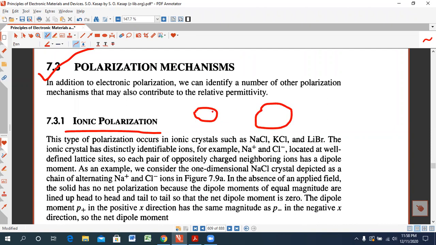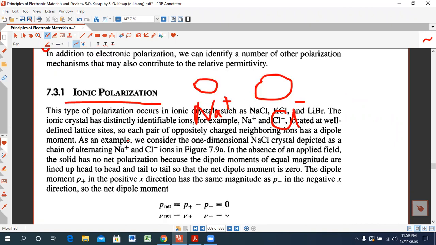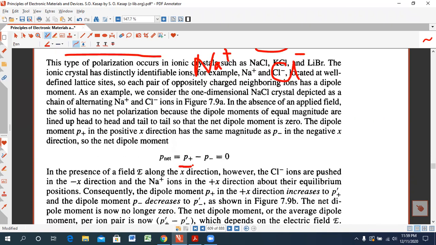Say, for example, sodium will donate the electron, and chlorine will accept the electron. So sodium becomes positively charged, and chlorine becomes negatively charged. So the net polarization in terms of ionic polarization, there will be a positive part and a negative part, and the net polarization should be equal to zero.